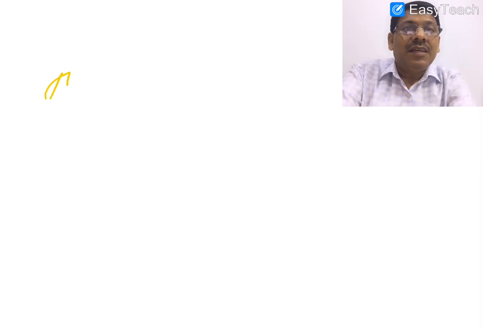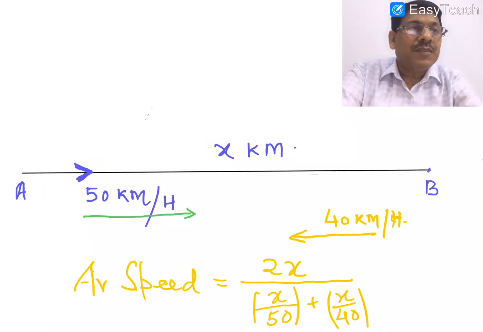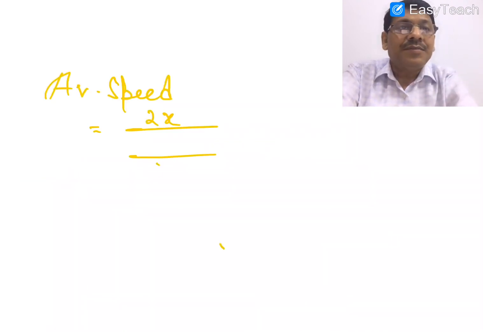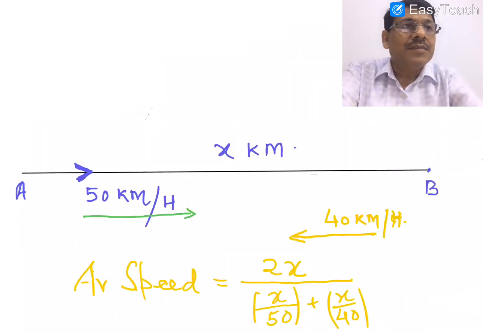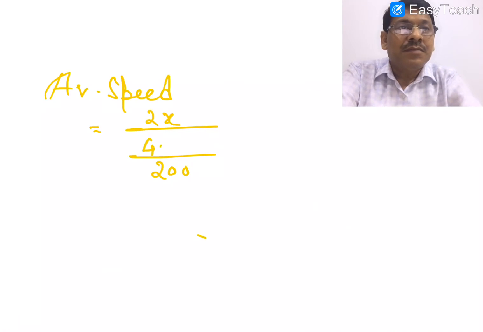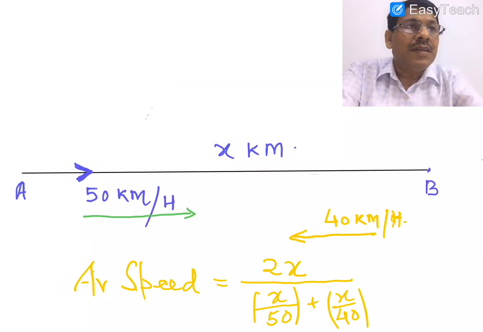Means average speed is equal to 2x upon x/50 plus x/40, the common denominator 200, then 4x plus 5x.